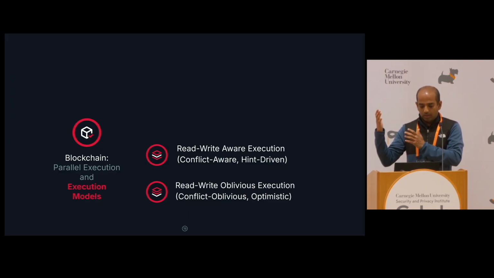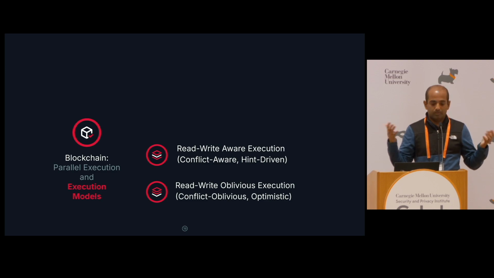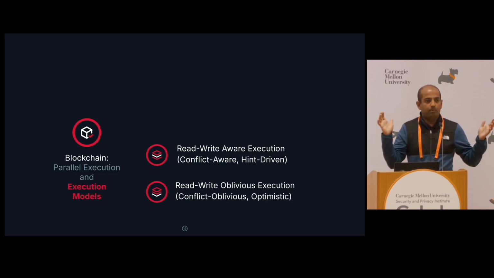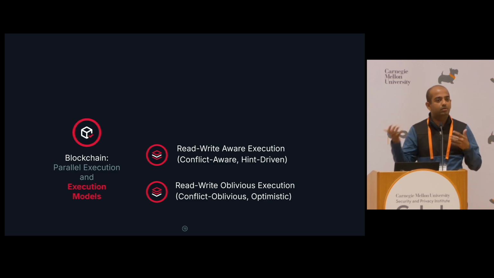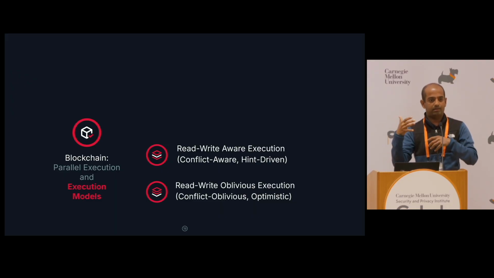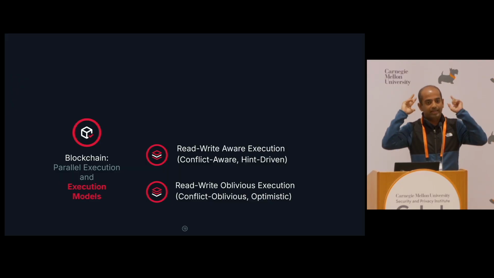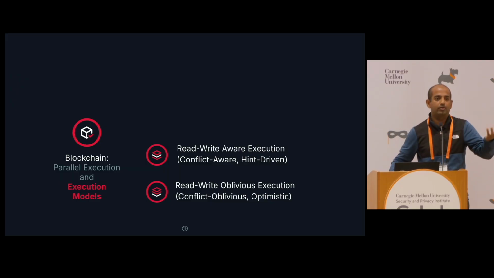And the other world is this read-write oblivious model, where you're completely oblivious to the nature of dependencies and conflicts, and you're running optimistically and hoping that everything will be fine. And if something goes bad, which you detect algorithmically, then you roll back your state and try to fix any problem that might have happened because you read an inconsistent state.